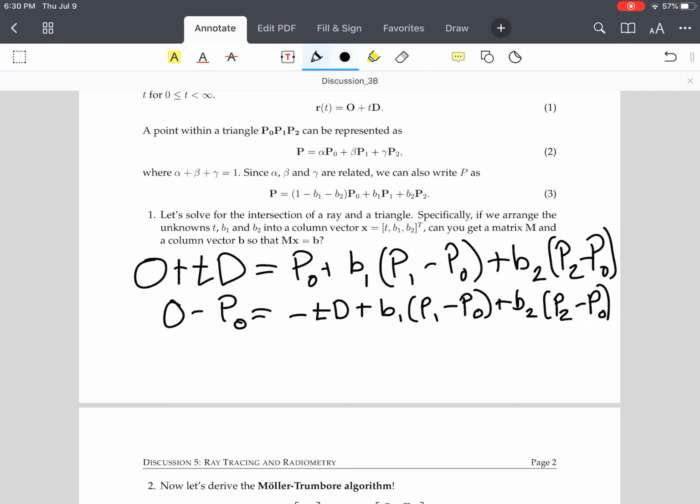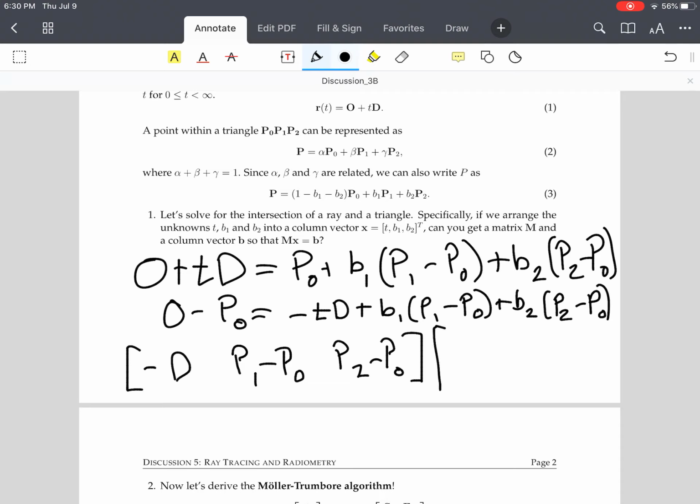Now we have something times t, something times b1, something times b2, and that's exactly what we have on the right hand side. So we can massage this and rewrite it into matrix form. It's going to be negative D, P1 minus P0, P2 minus P0. Those are the three columns.